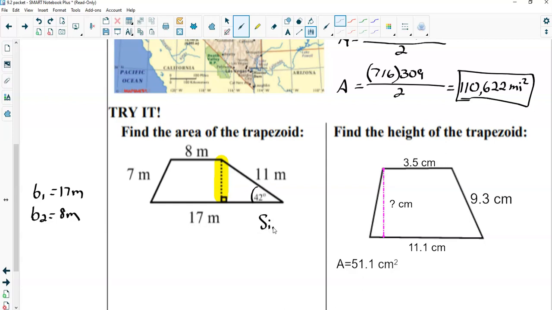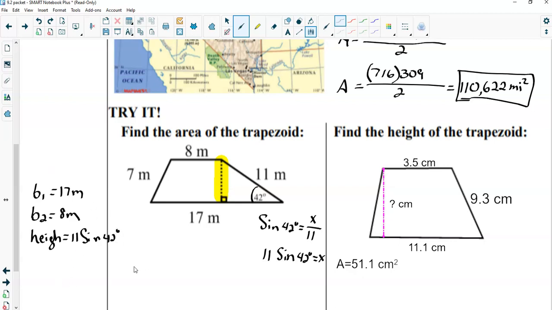So the sine ratio of 42 degrees is equal to the opposite, which is x, over the hypotenuse. Take that 11, bring it forward. So 11 sine of 42 degrees will give me what I'm looking for, which is that height, right? So actually the height equals 11 sine of 42 degrees.